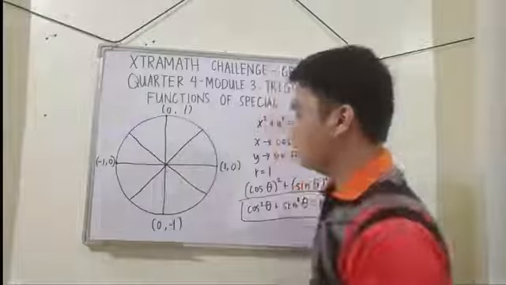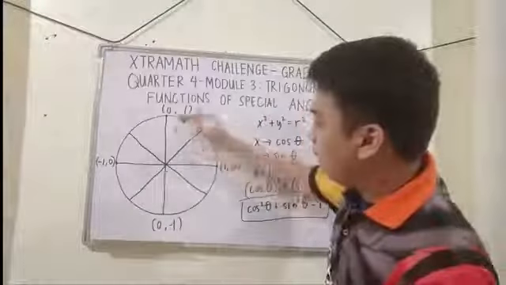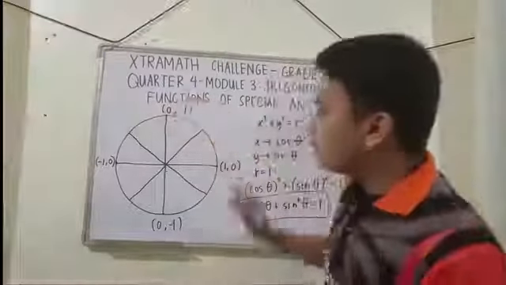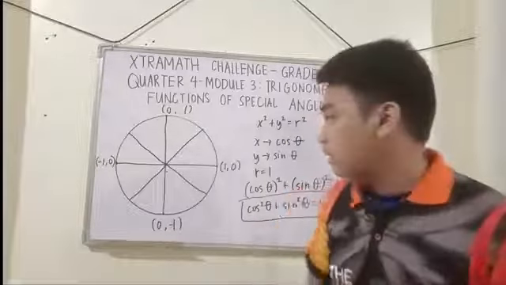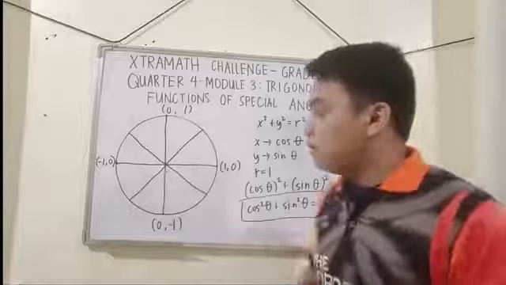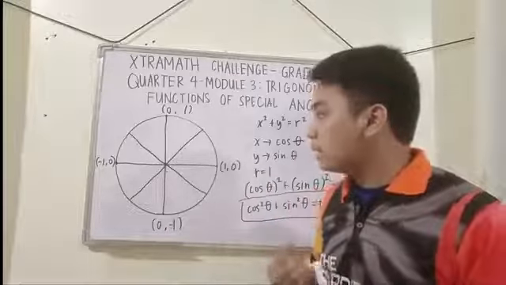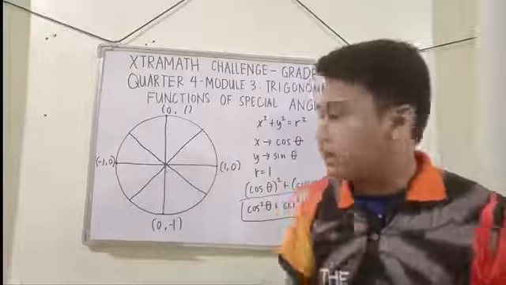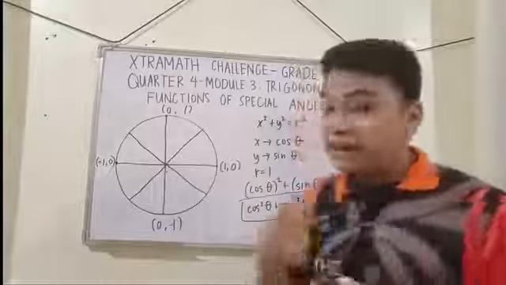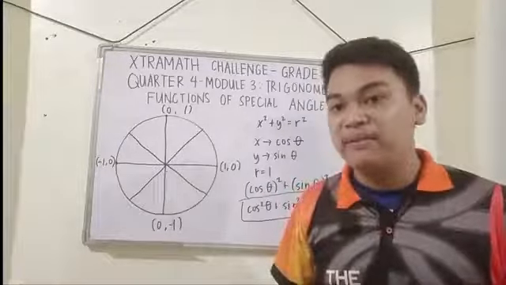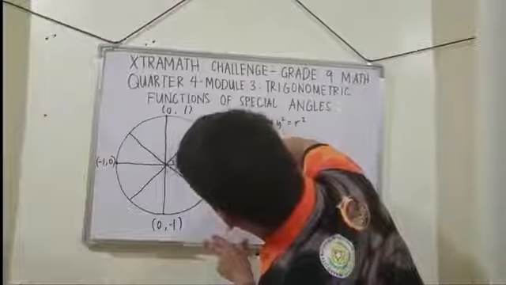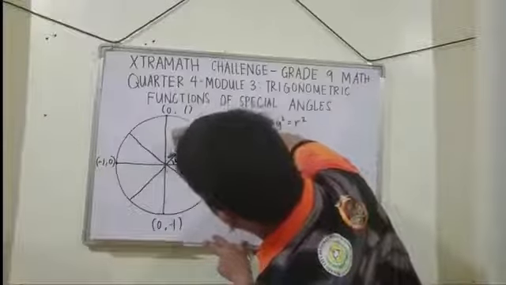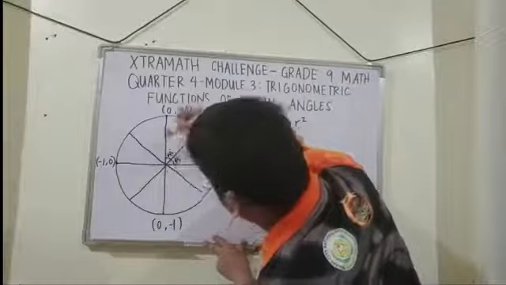As you can see, each quadrant was divided into 2 equal parts. Since a quadrant has 90 degrees, 90 divided by 2 is equal to 45 degrees. So that means the angle here is equal to 45 degrees, and also here, that is equal to 45 degrees.